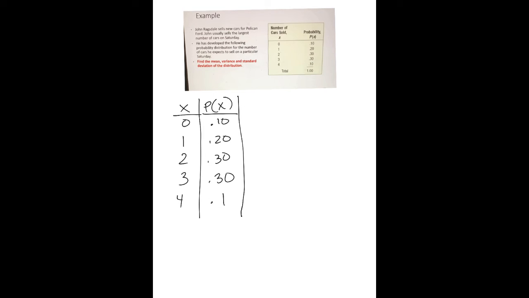Okay, let's start off by drawing our table. So we have x, which is 0, 1, 2, 3, and 4. We have the probability of each x, which is 0.1, 0.2, 0.3, 0.3, and 0.1. Now, in order to get the mean, or the expected number of cars that he expects to sell on a particular Saturday, we have to take each x and multiply it by the probability of that specific outcome.